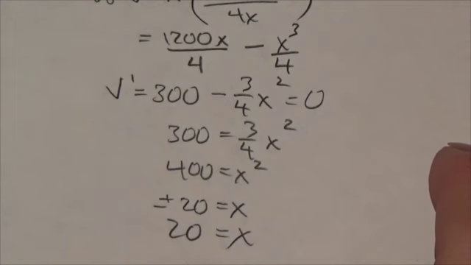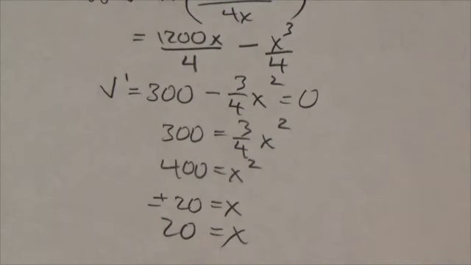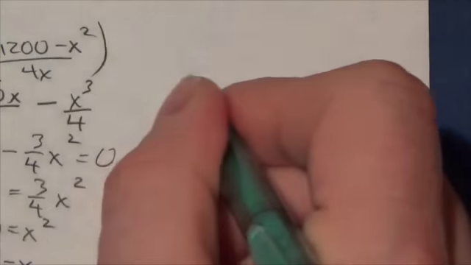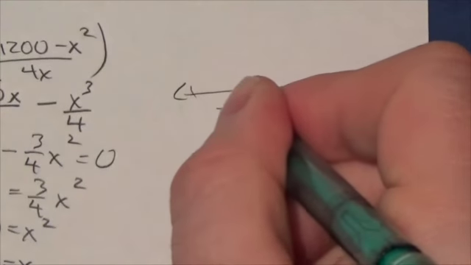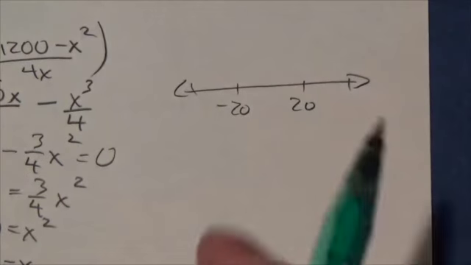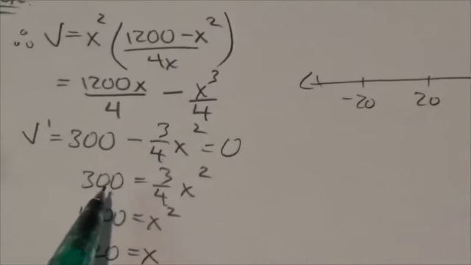Now, we should determine whether or not that actually gives you a maximum. So let's take a quick look at the number line. The two numbers that I got are negative 20 and 20, even though the negative 20 doesn't make any sense. Let's start picking some numbers and look at the derivative.